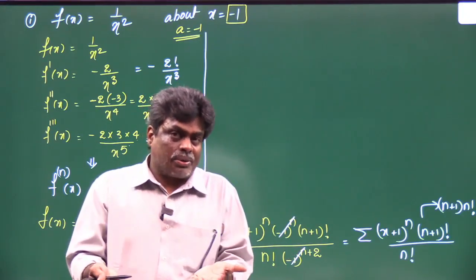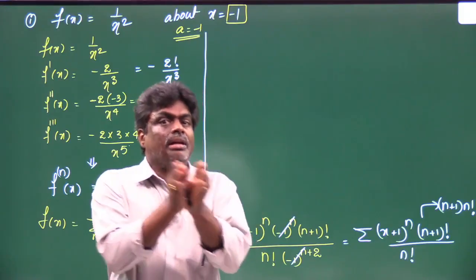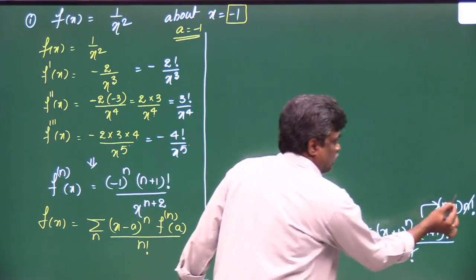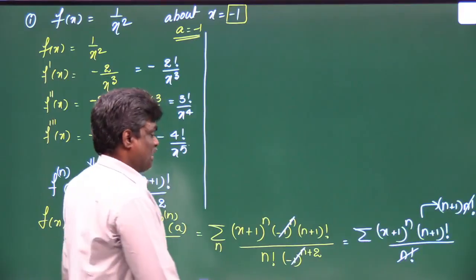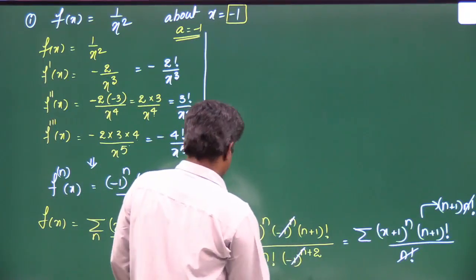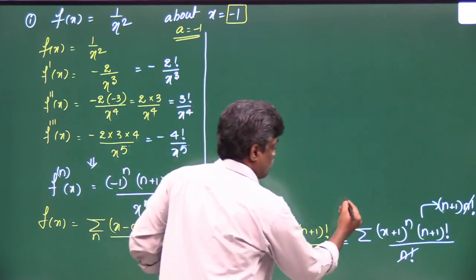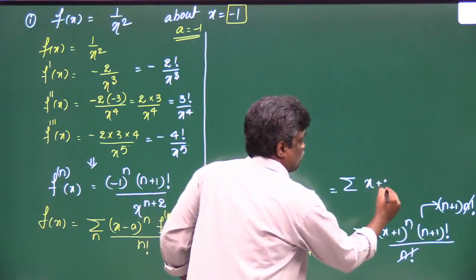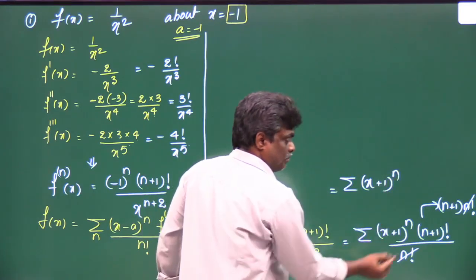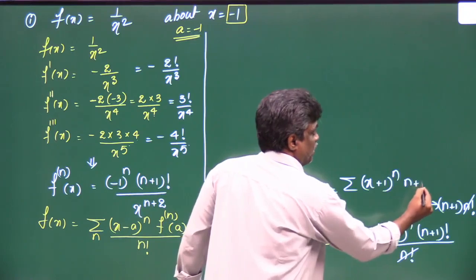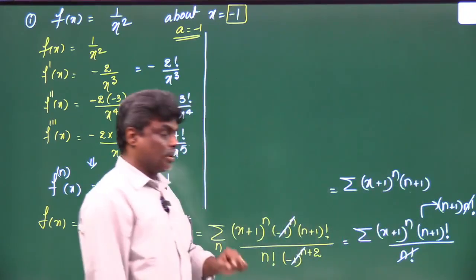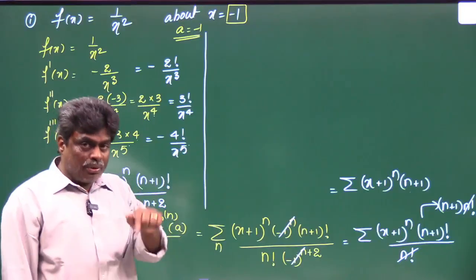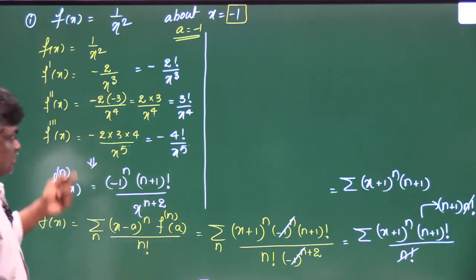So n factorial gets cancelled. Finally we got the summation of x plus 1 whole power n into n plus 1, and the denominator term also gets cancelled. Is that clear? So we will do one more problem. First write down.